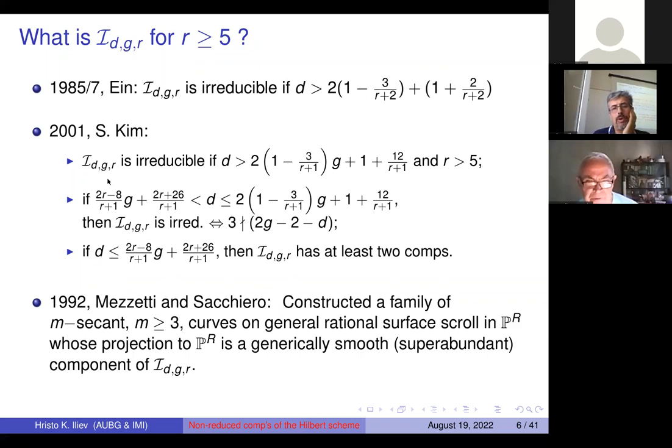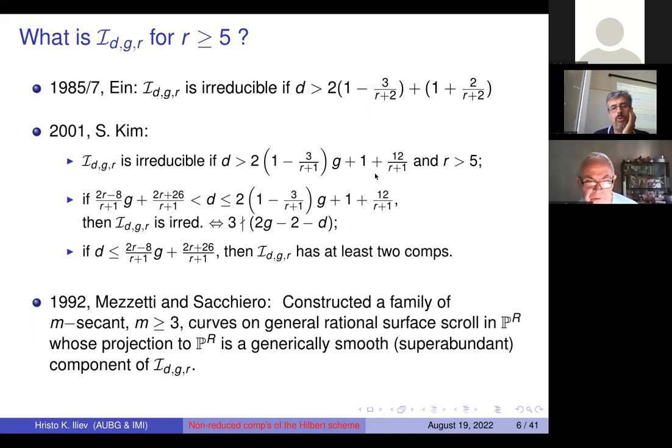Then Hristo Iliev found that this bound for the irreducibility can in fact be improved. That is, we can claim irreducibility in the general case, r greater than or equal to 5, for smaller values of d. Then it appears like this inequality here.